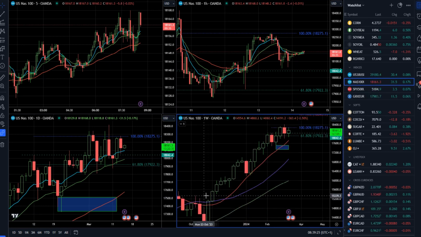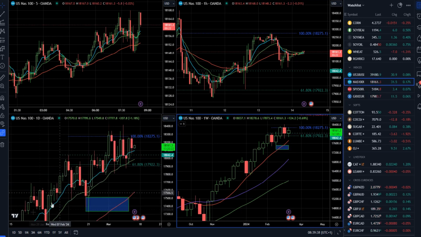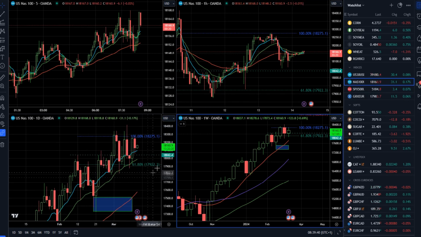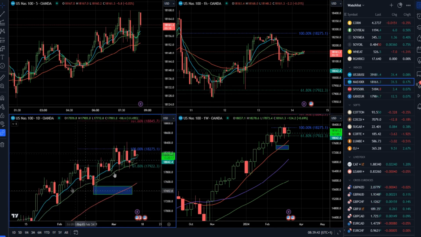Obviously, market is trading above this rising 8-week moving average for about 19 or 20 weeks in a row. We didn't have a close below that weekly moving average, so there is a chance that this move in the last, I'll say 20 days, is a whole distribution that can lead to one big sell-off.